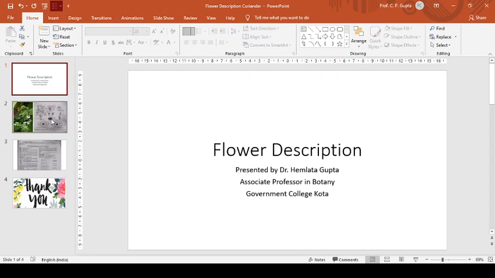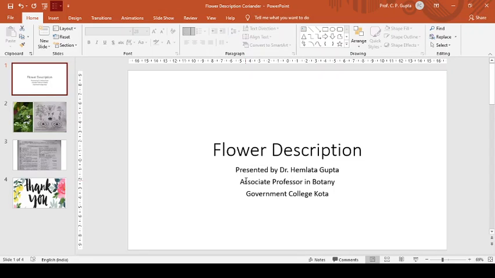So we are discussing floral characters of family Umbelliferae or Apiaceae or the carrot family.